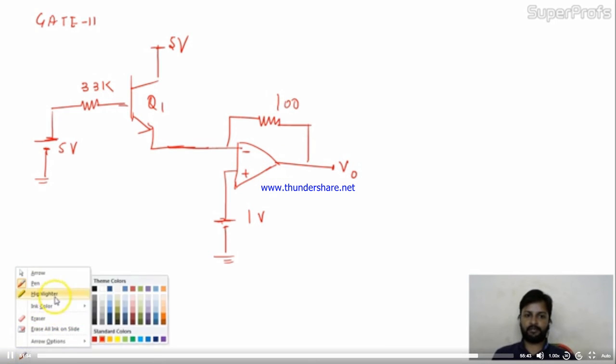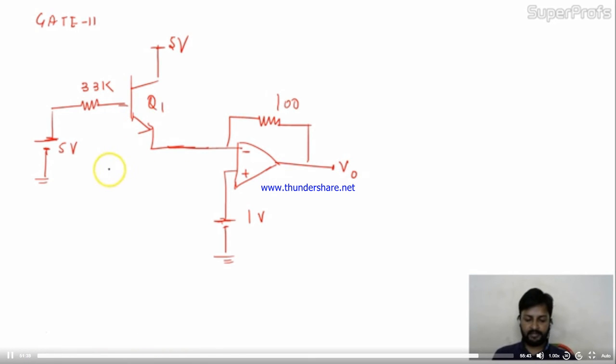The question is, assume base emitter voltage 0.7 volt. We always consider VBE 0.7. Beta of this is 99.